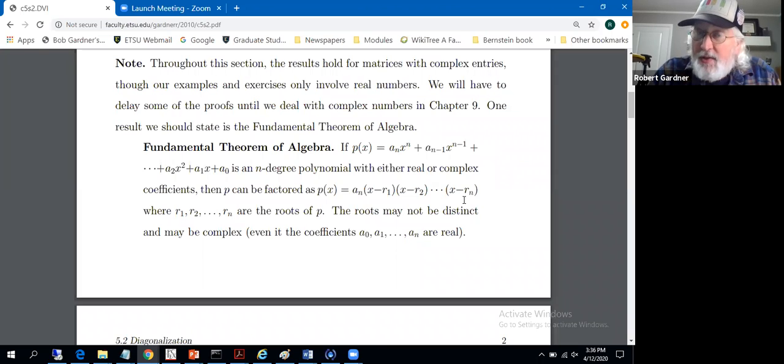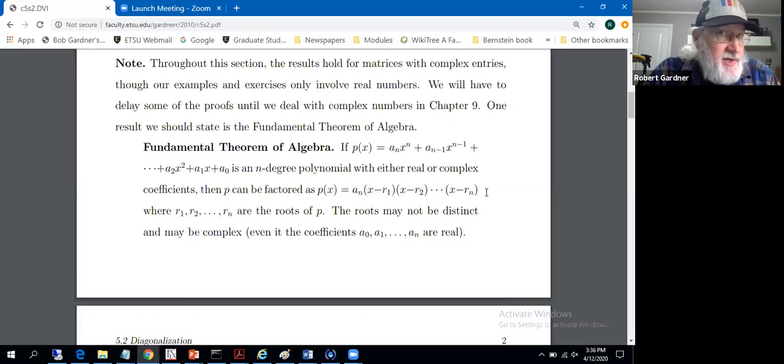What made them irreducible was they didn't have real roots, but they had complex roots. Here, we're allowing these roots, r1 through r sub n, to be complex. And the fundamental theorem of algebra says, then you can totally factor a polynomial into a product of linear terms using complex numbers, which you didn't do in Calculus 2.